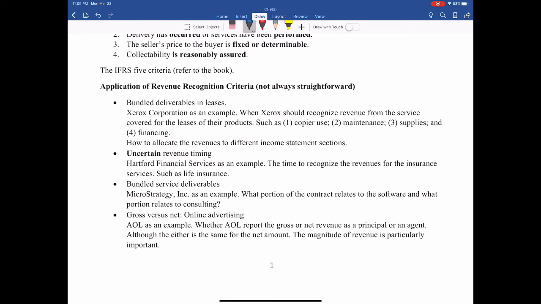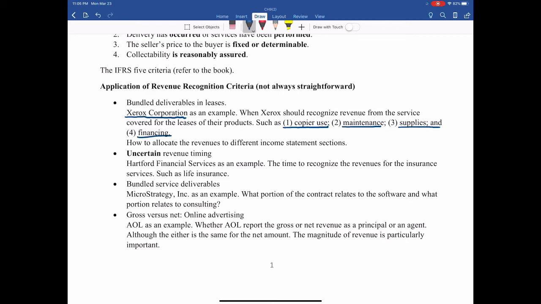For example, the first one is Xerox Corporation. Usually, the customer not only purchases their machine or leases their machine, but also purchases other services. So this is bundled sales. The total amount of revenue includes copiers, maintenance, supplies, and maybe financing.